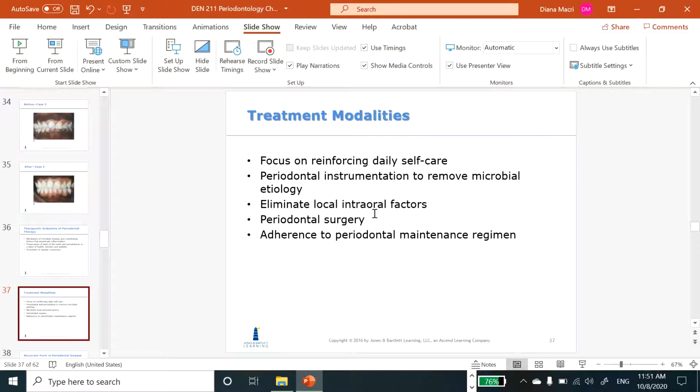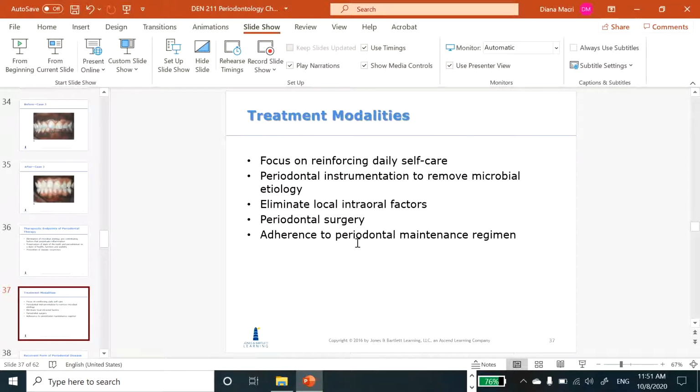We eliminate local intraoral factors such as overhangs, such as calculus. Calculus affects periodontal disease, exacerbates and progresses it, because it is something that the bacteria can hang on to. It makes it much easier for bacteria to form biofilms if they have a rough surface such as calculus to hang on to.